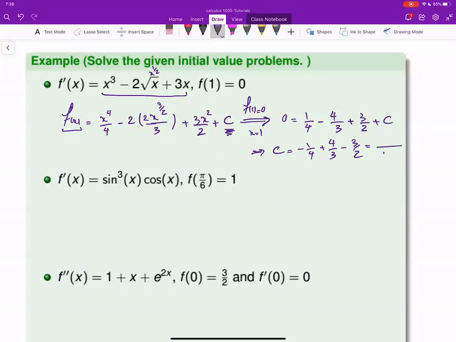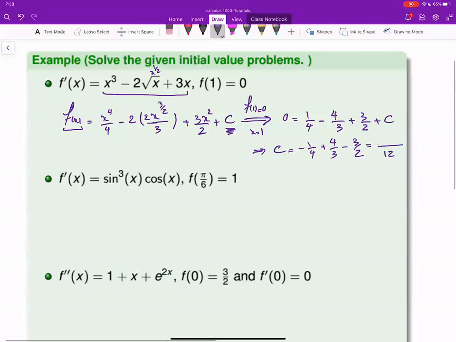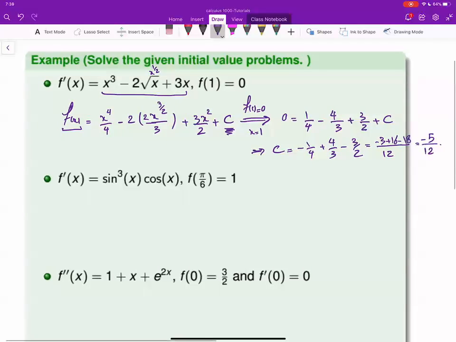And then from there, you can find a common denominator, 12: negative 3 plus 16 and then minus 18. And that will give me negative 21 plus 16, that is negative 5 over 12. So this way, we found the whole function.